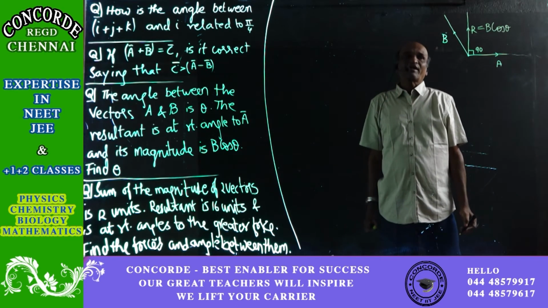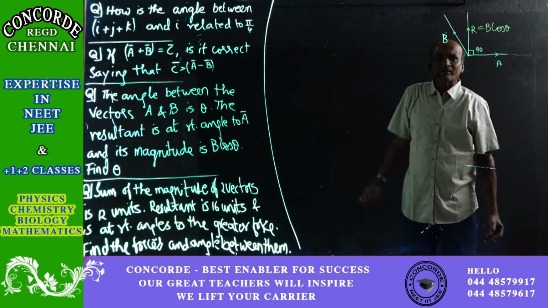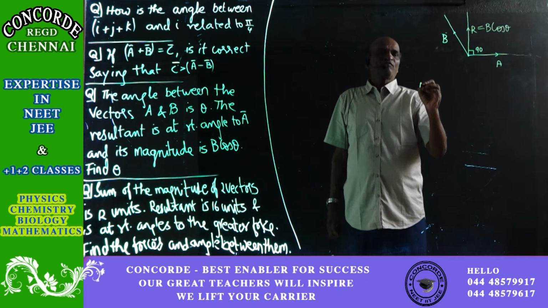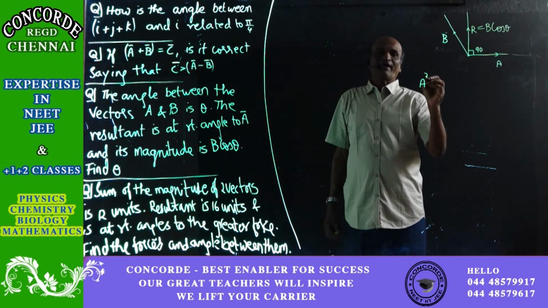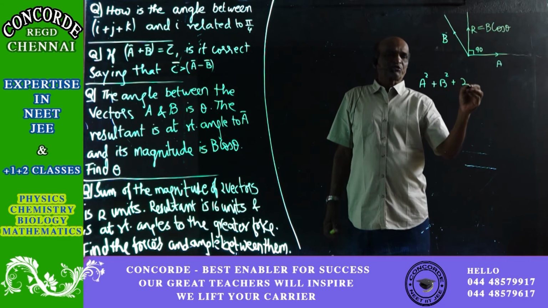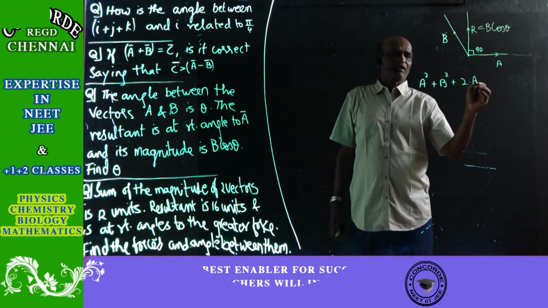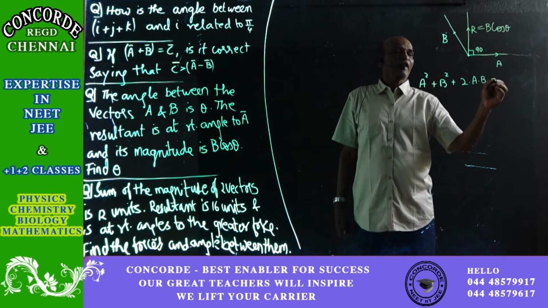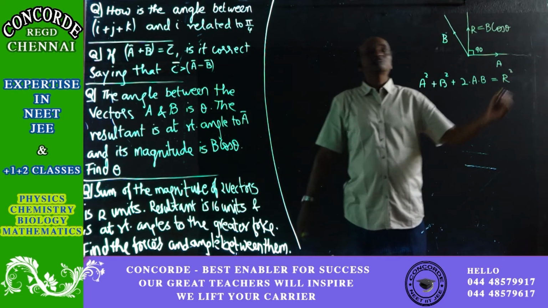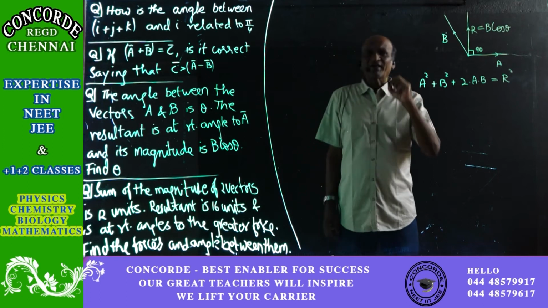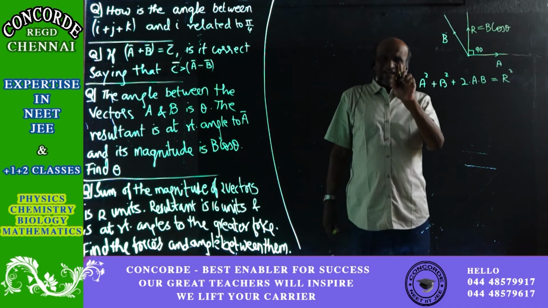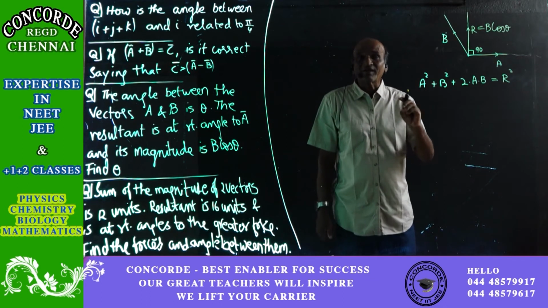When we consider only the magnitude, then the equation for it is given by A square plus B square plus 2 into A into B into cos alpha is equal to the resultant square. And another equation that we have is meant for finding the direction of the resultant mathematically.